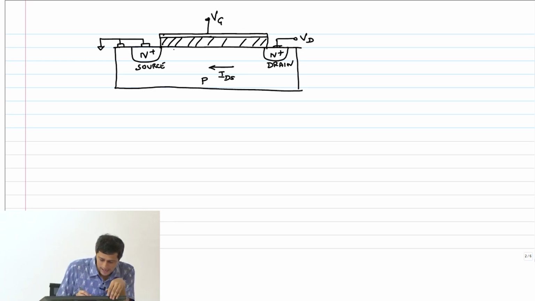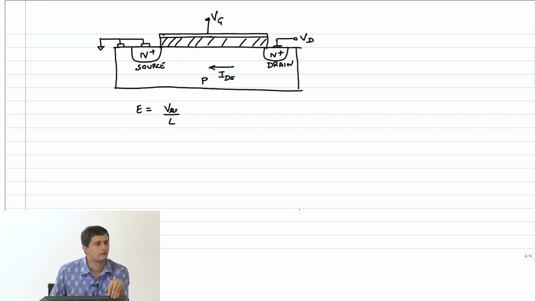These electrons attain a larger drift velocity if you apply a larger voltage on the drain end. That's simply related to the electric field E, and the max is VDS by L, if you just consider the two ends.